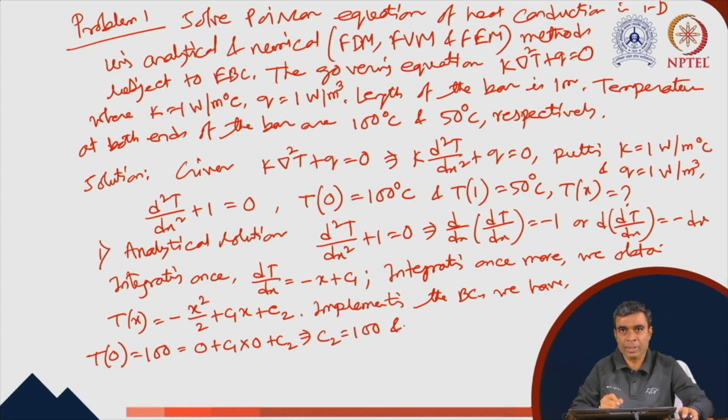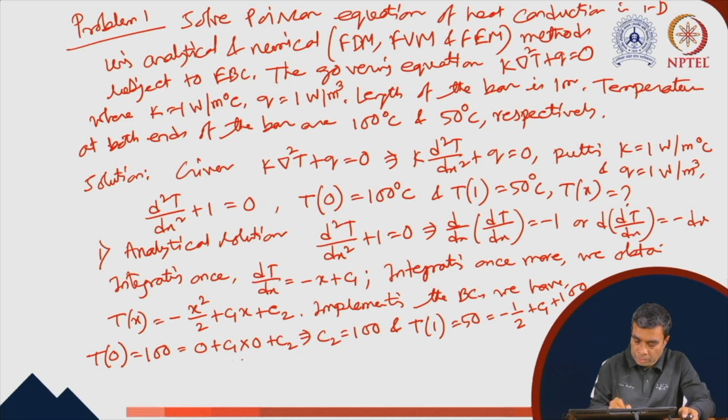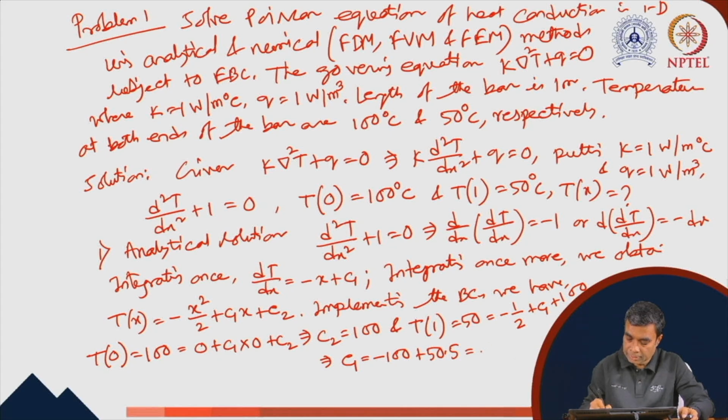And at x equals to 1, T1 equals to 50 equals to minus half, because x is 1, plus C1 into 1 is C1 plus C2, which is 100. We just found it. So from here we obtain C1 equals to minus 100 plus 50.5. So this comes as minus 49.5.